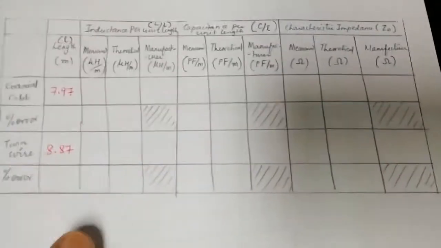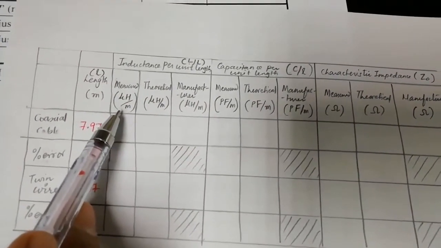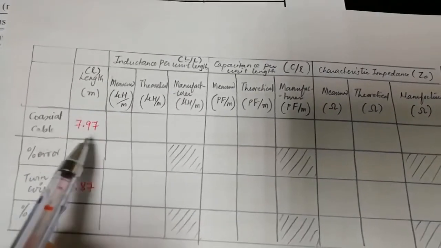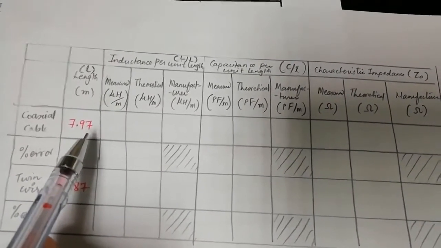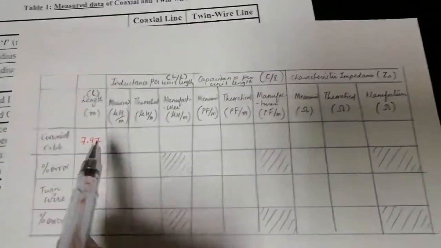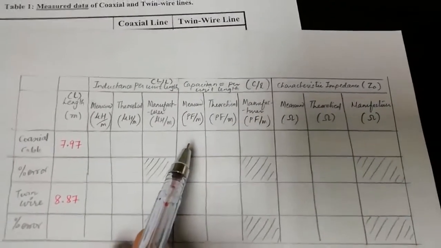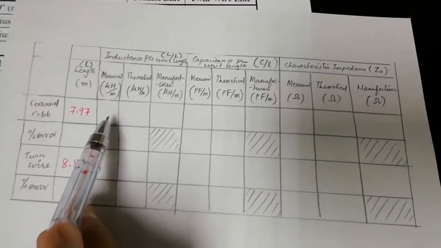Now what we are going to do in our final table for the measured value, this is inductance per unit length. Since we already have the length, whatever measured value of capacitance and inductance that we have got, divide by the length to get the capacitance per unit length and the inductance per unit length.